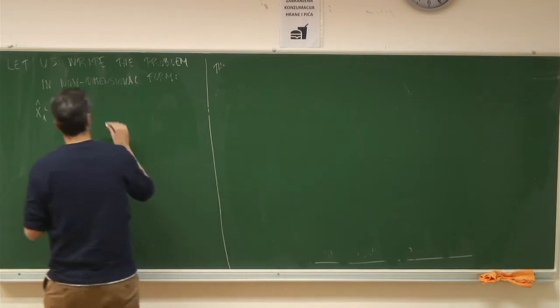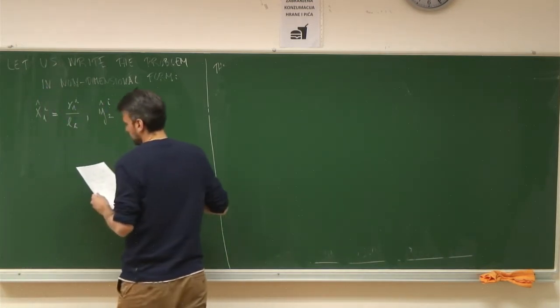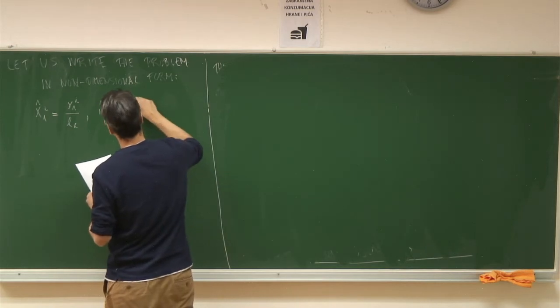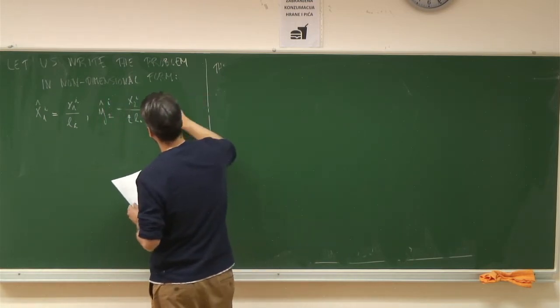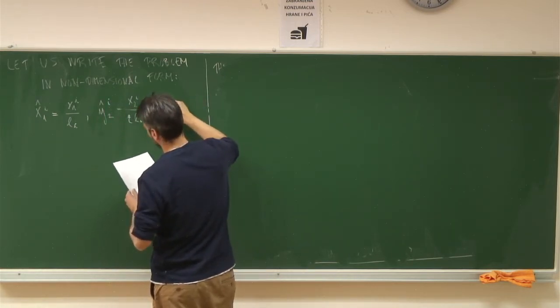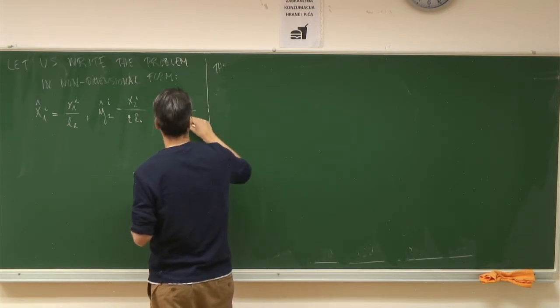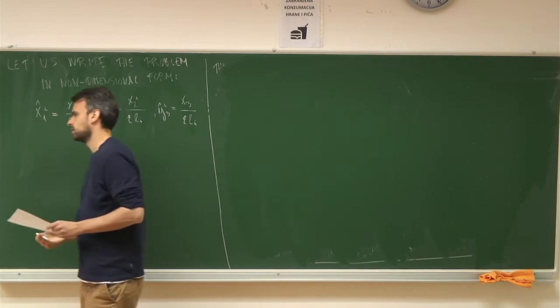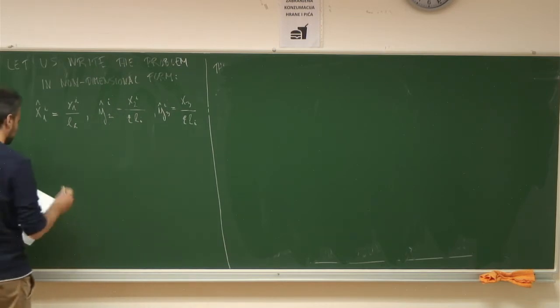So y2 is x2 over epsilon L_i, and y3 likewise. So I'm rescaling with respect to epsilon, and also writing it in non-dimensional form.